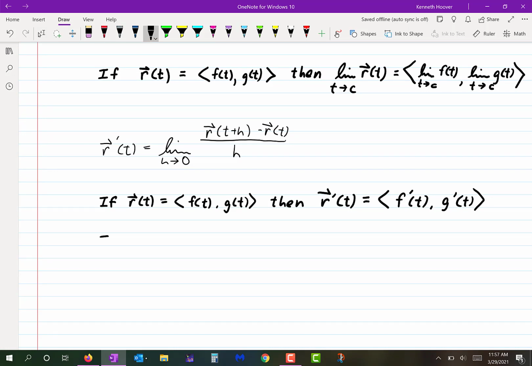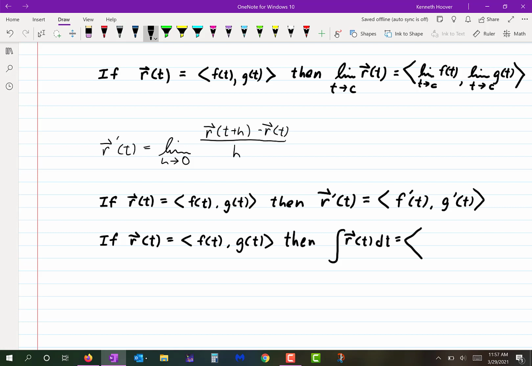All we have to write is, if r of t equals f of t comma g of t, then the integral of r of t with respect to t would be the vector that has the integral of f of t comma integral of g of t. And that's true for indefinite integrals, and it's also true for definite integrals.